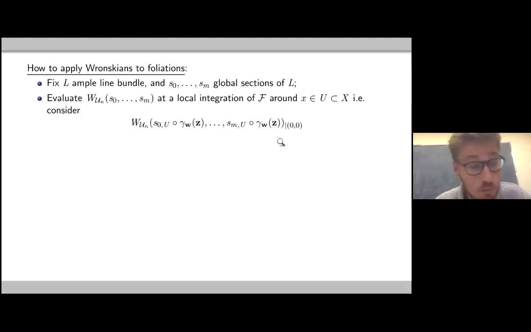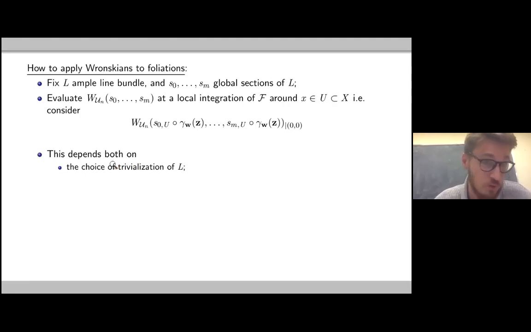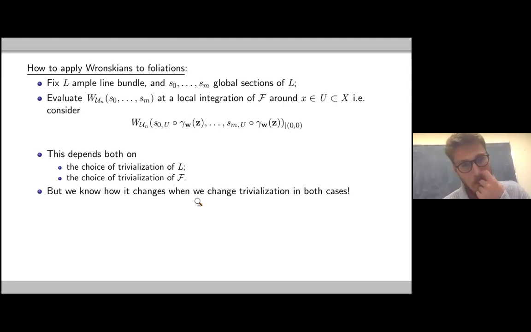We have a number. But of course, this depends both on the choice of trivialization of L and the choice of trivialization of the foliation here. And we have to understand how it changes when we change trivialization. So, well, with the property of this very specific Wronskian we chose, actually we know how it changes.